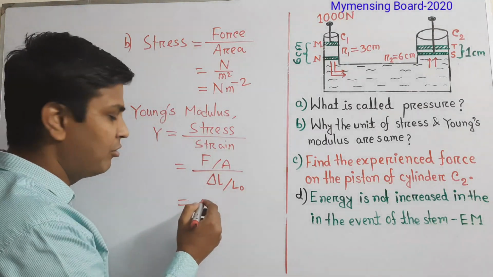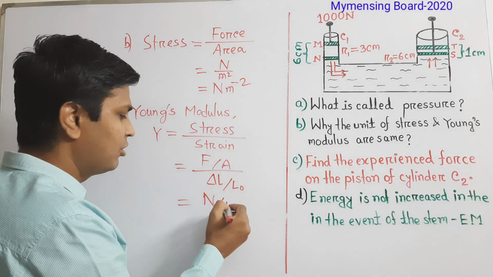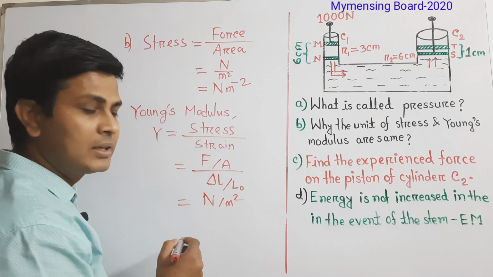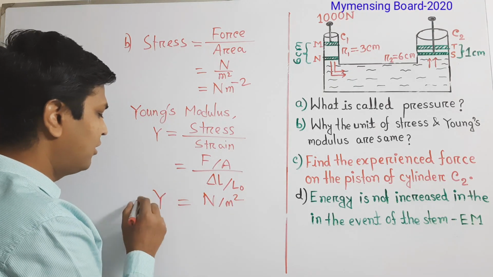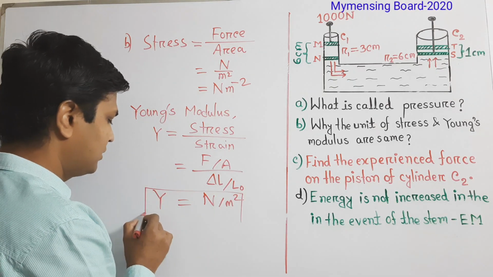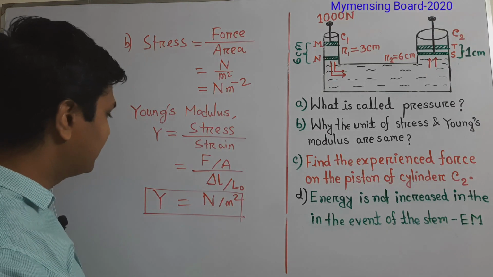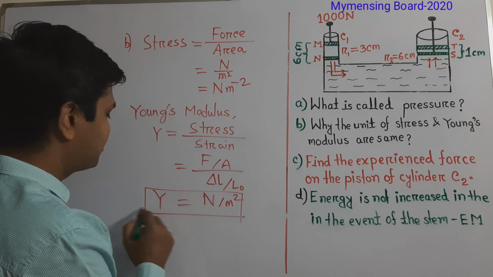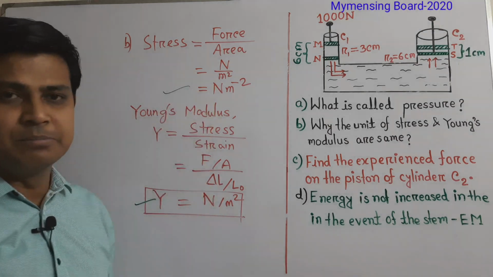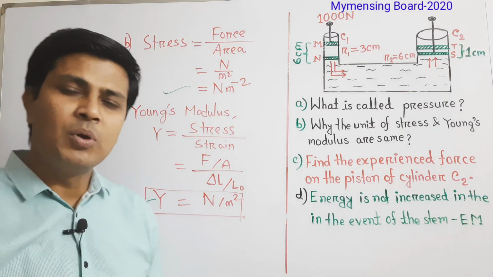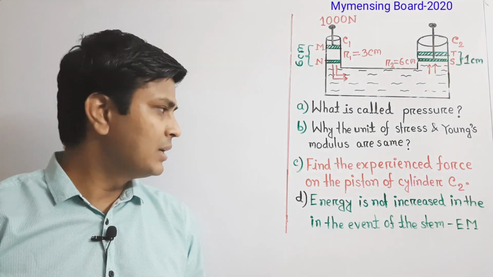We only get the unit of force, Newton, and the unit of area, meter square. So this is the unit of Young's modulus, and you can see the units of Young's modulus and stress are the same. Hope you have understood.